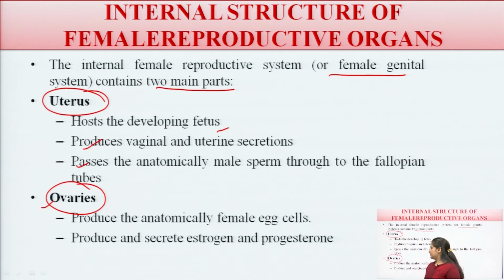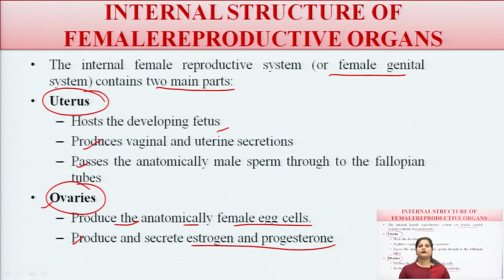Now, the ovaries help in the production of the female egg cells, and produce and secrete estrogen and progesterone. So there are two hormones released from the female reproductive organs. These are estrogen and progesterone.